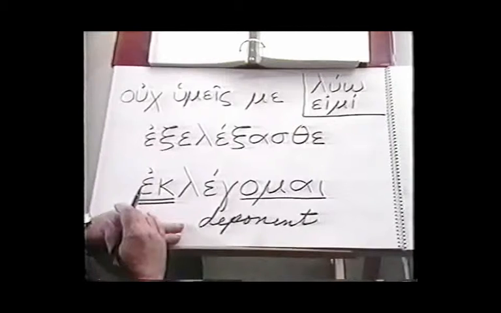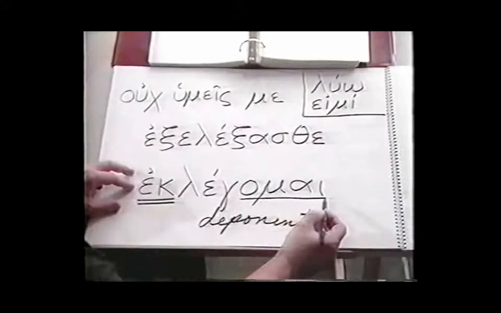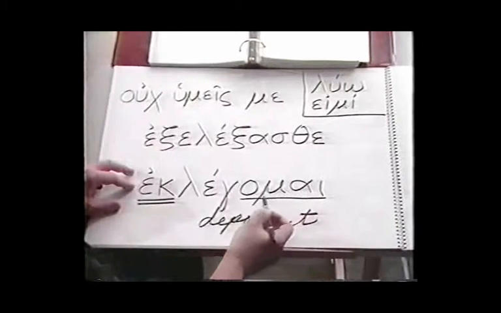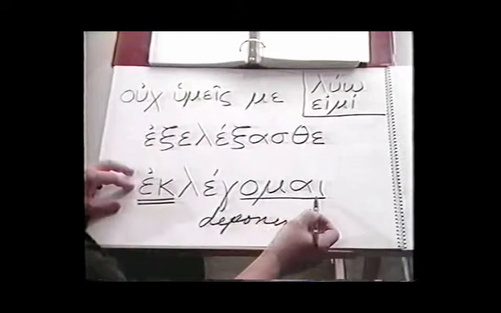The word deponent means middle or passive in form, but active in meaning. So this verb, eklegomai, is a deponent verb. It has a middle passive ending, but the meaning of this verb is an active meaning. It means I choose, or I select.